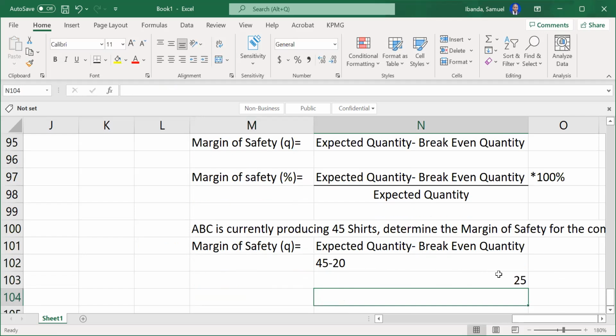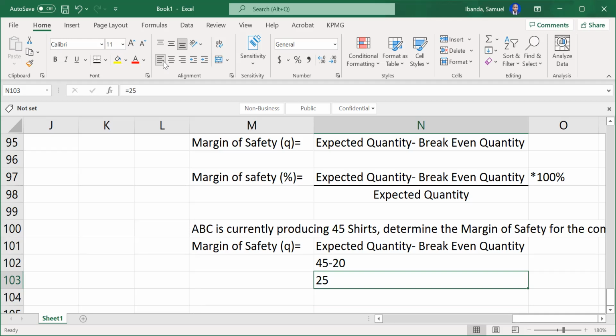So the margin of safety for ABC is 25, which basically means that this business can fall by 25 units before it reaches the break-even point, or before it starts making losses.